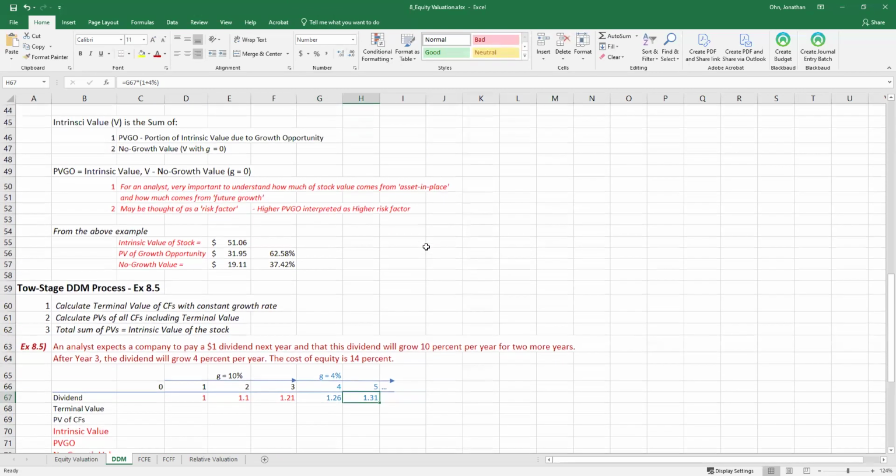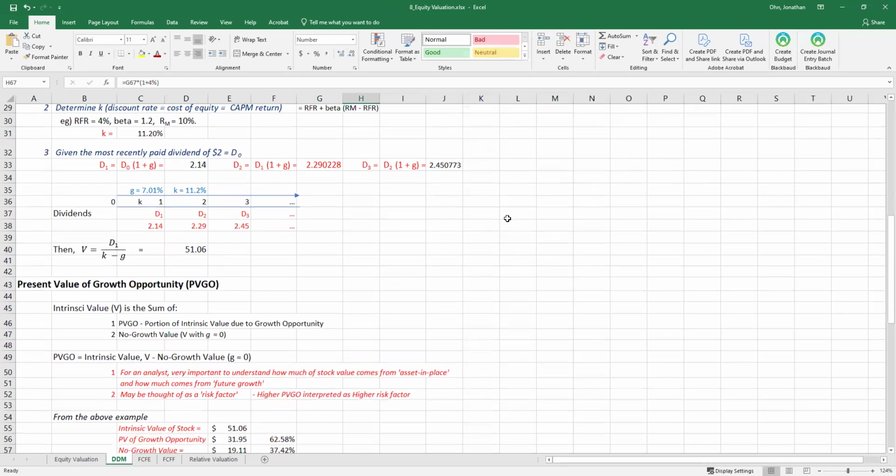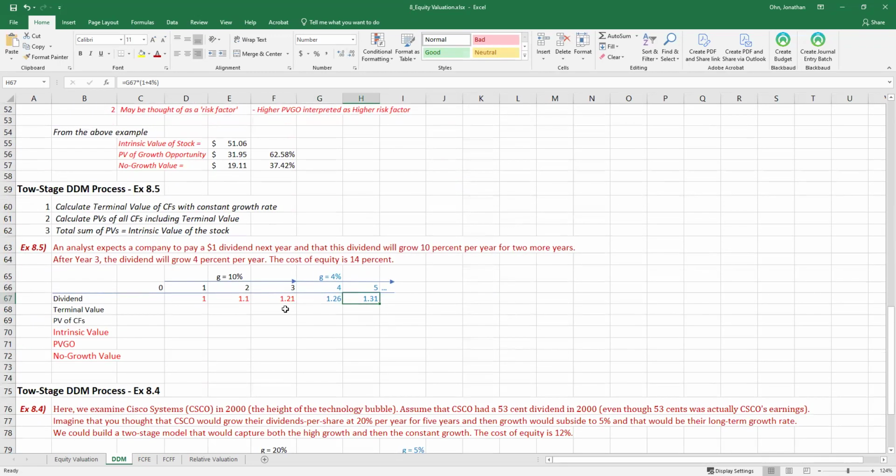Now, using this method, we calculate the value at the beginning of this normal portion. The beginning of the normal portion is here: 1.26, that's D1, divided by K, 14%, minus the growth rate, 4%.